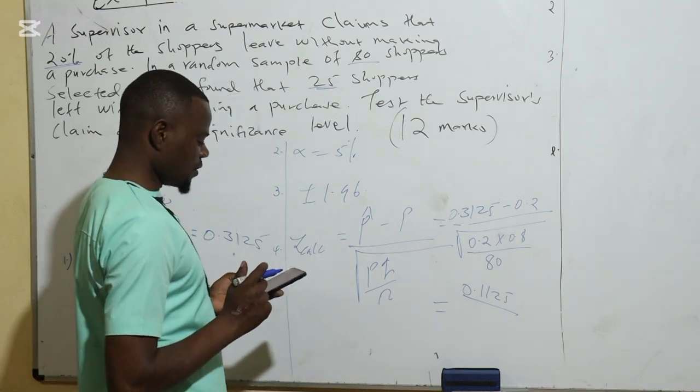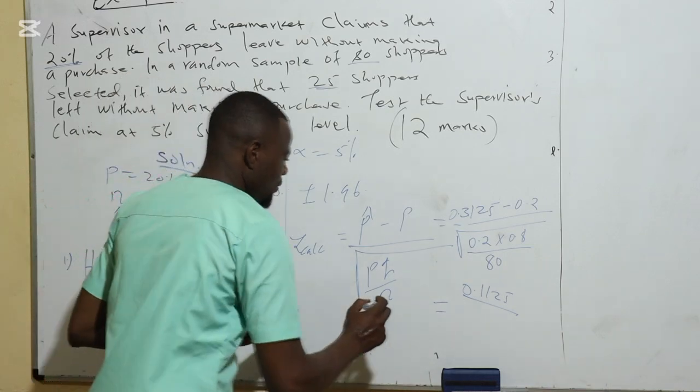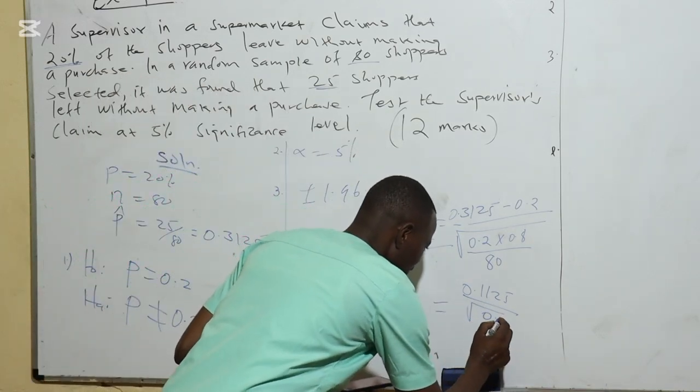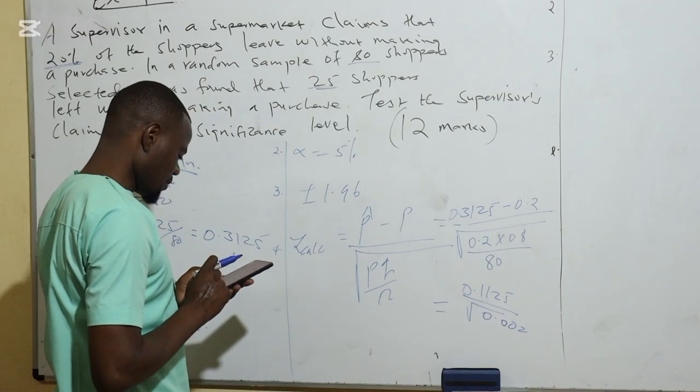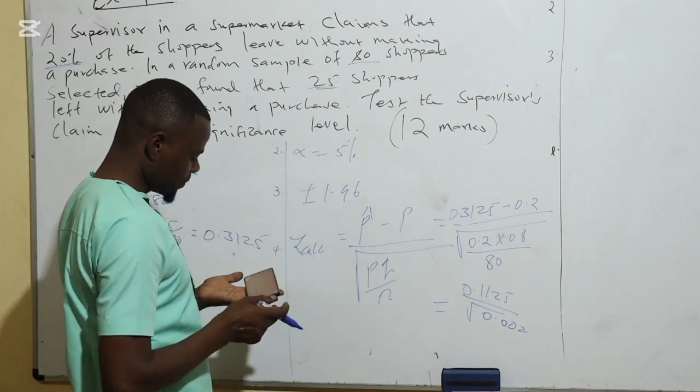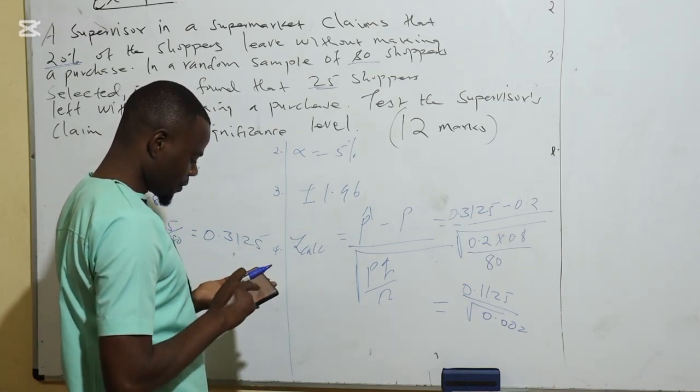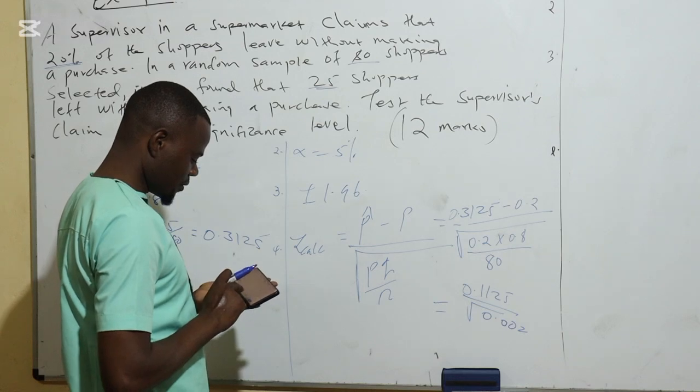Divided by 80, you have 0.002. So what is the square root of 0.002?